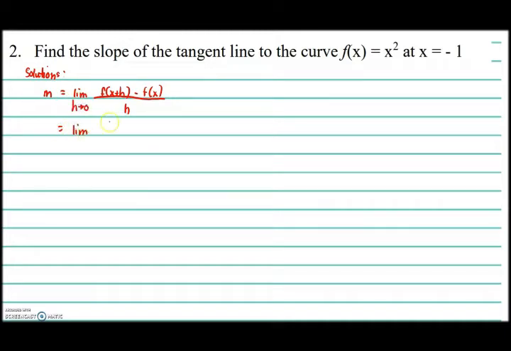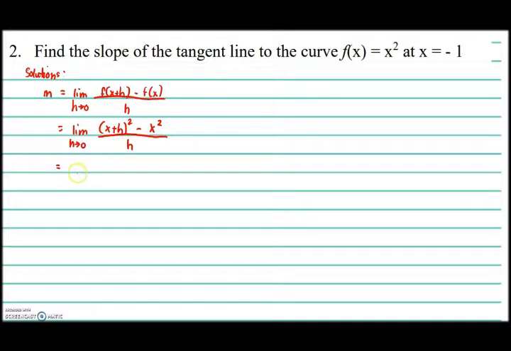So we have here the limit of x plus h squared minus x squared, f of x that is x squared, all over h as h approaches 0.